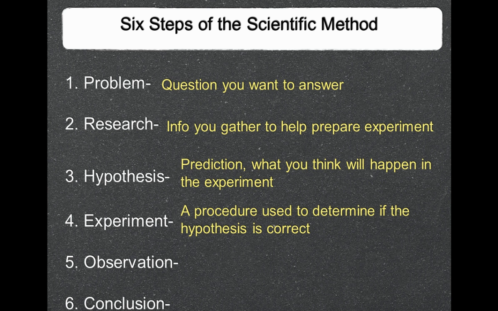In this step, the observations are when we collect our data from the experiment. Once we have that data, we record it in a data table. Then we need to analyze the data, and that's going to help us with the next step, which is our conclusion.